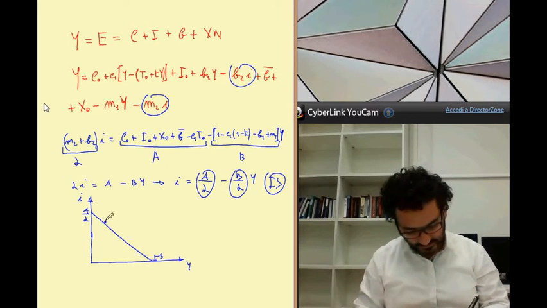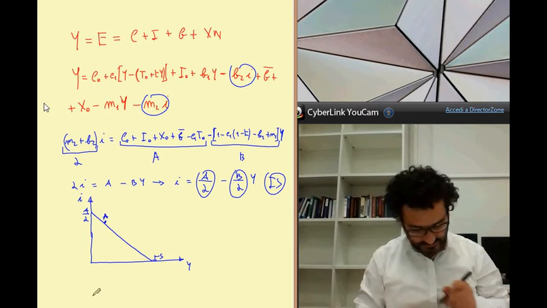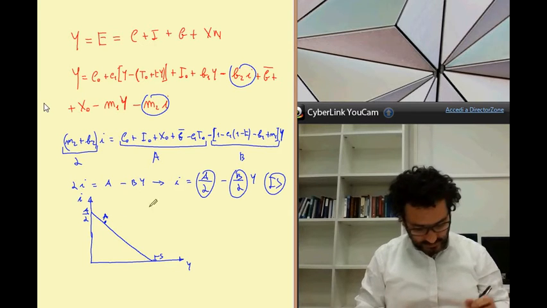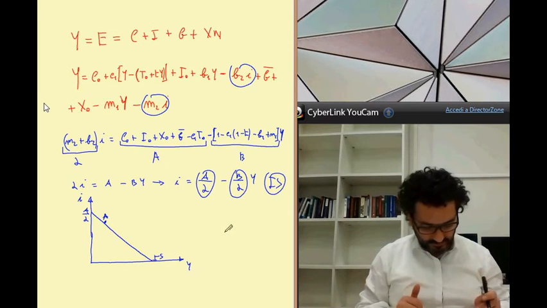If we start from point A, for instance, in this point we have equilibrium in the goods market.